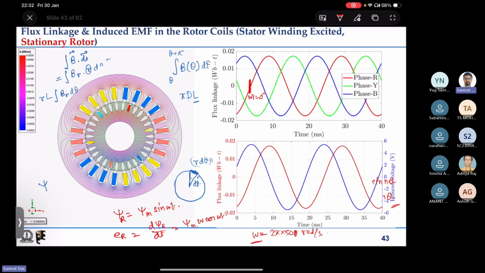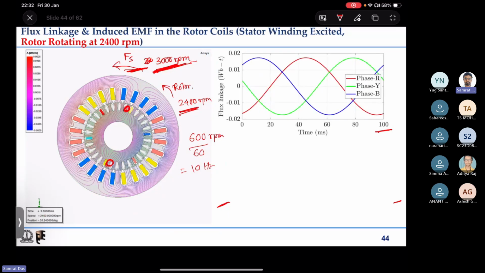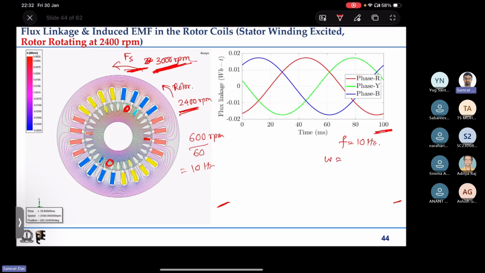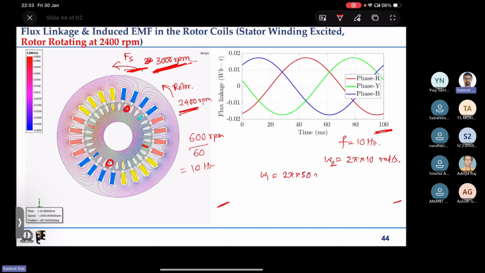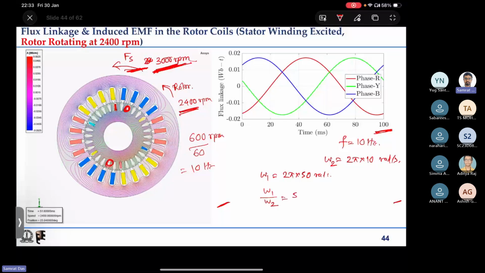But in the next case, where the rotor is rotating at 2400 rpm, the flux linkage frequency reduces to f equal to 10 hertz. So omega is only 2 pi into 10 radian per second. The first one was omega 1, that is 2 pi into 50 radian per second, so omega 1 by omega 2 is equal to 5.